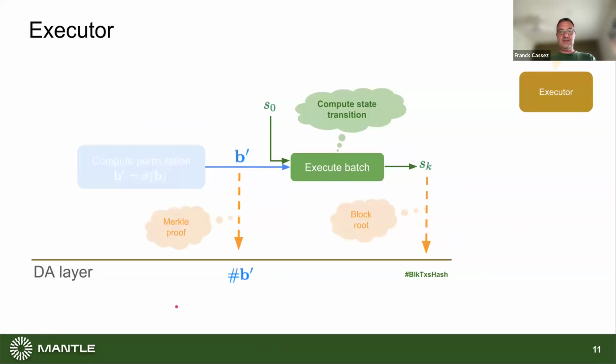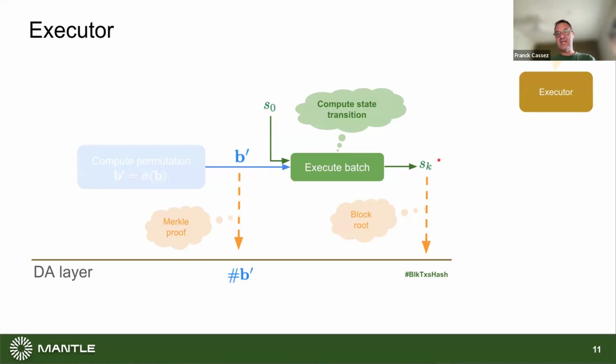What's the last part of it? We've extracted a batch and it has a fair ordering. So the transactions in the batch B have been ordered into B prime. And this B prime, we publish it to the data availability layer. We publish a digest, for instance a Merkle root hash. Then we send it to the executor who's going to execute the transactions, and this will result in a block.